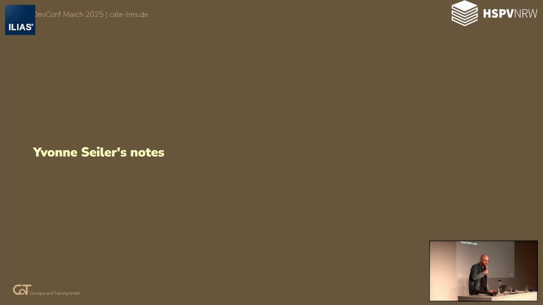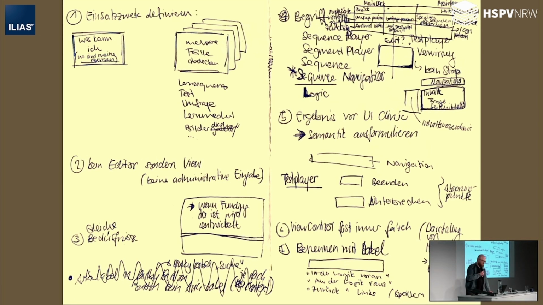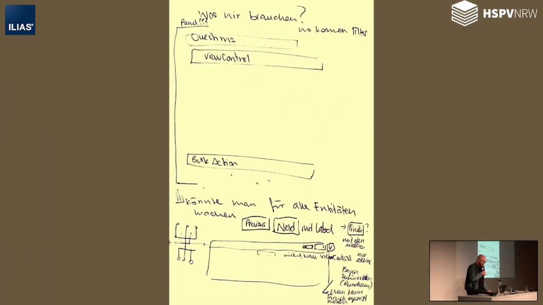And just to show you, also to encourage people that you don't need to be a fantastic designer or a very skilled programmer. Here we have Yvonne Seiler's notes that she kindly gave me. And she's a fantastic designer, of course, very skilled designer, but you see that at the beginning stages, at the concept stages, this can look very wild and very unrefined, and it's just about generating ideas and thinking about what you can do.